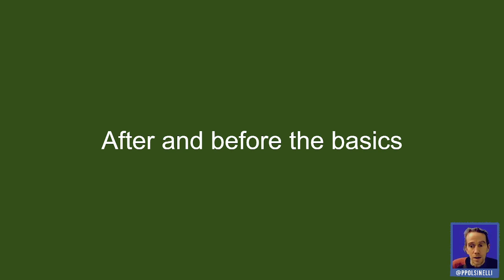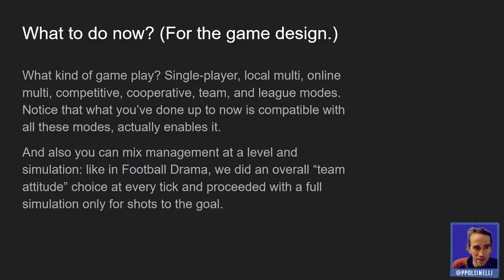Okay. So what will happen after and before the basics? We've acquired the tools to model the most diverse kinds of sports and situations, but then there are a lot of choices about the general game design of the sports game you're about to make: whether you want single player, local multiplayer, online multiplayer, competitive, cooperative, league, a championship, or just single matches and so on.